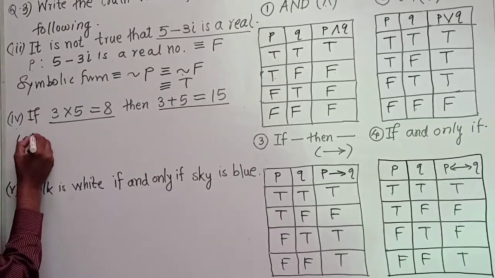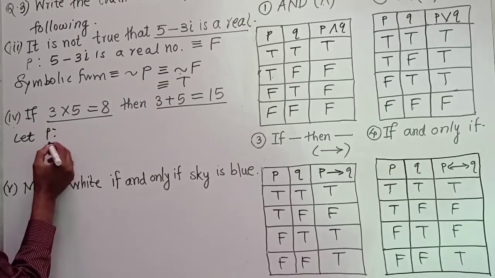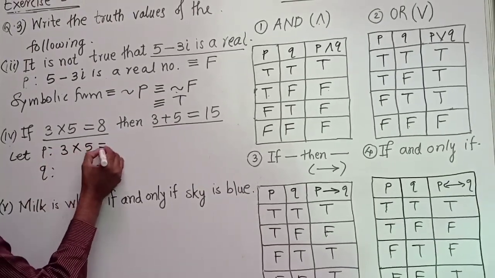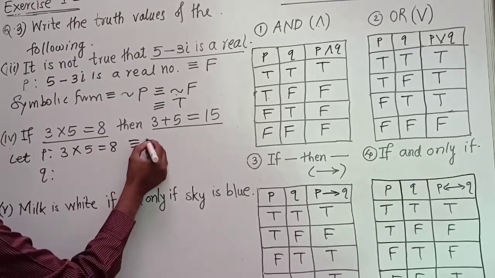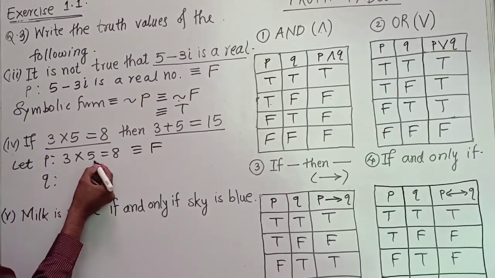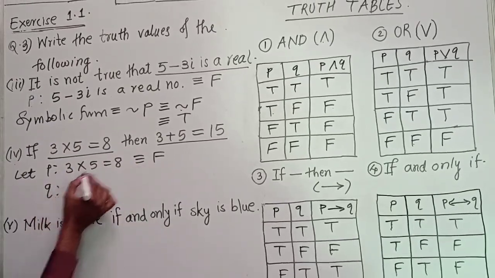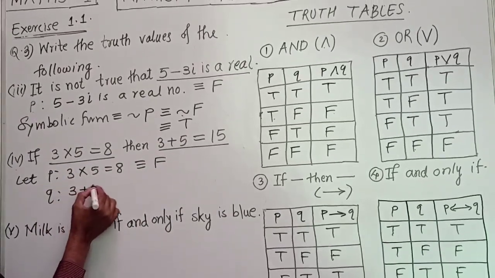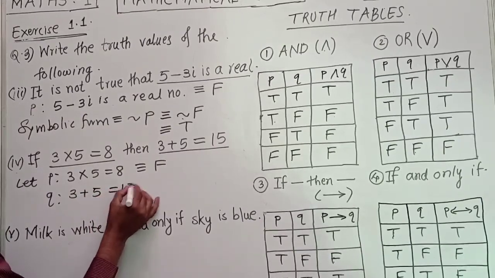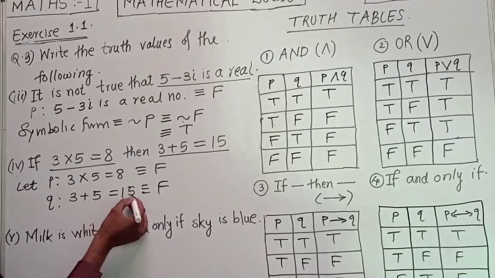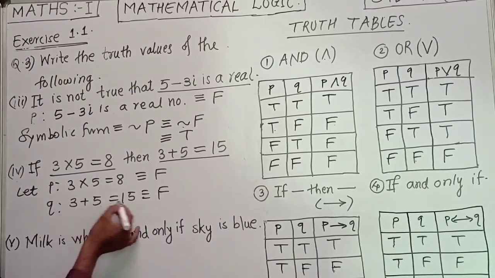So I write here first of all two separate statements P and then Q. P is 3 into 5 is equal to 8. Its truth value is definitely false, since 3 into 5 is equal to 15. So 3 into 5 is equal to 8 is a false statement. The second statement is 3 plus 5 is equal to 15. This is also a false statement. We know that 3 plus 5 is equal to 8.